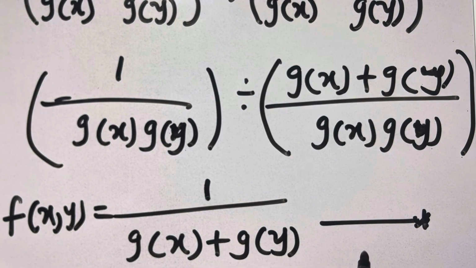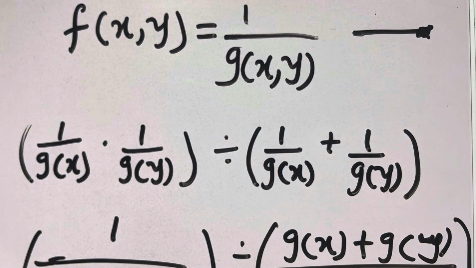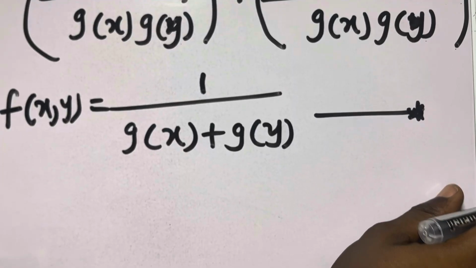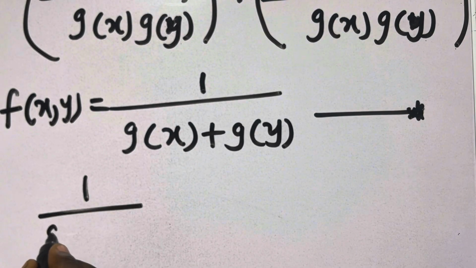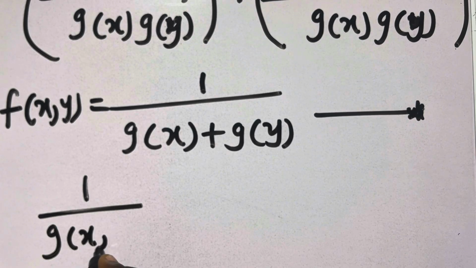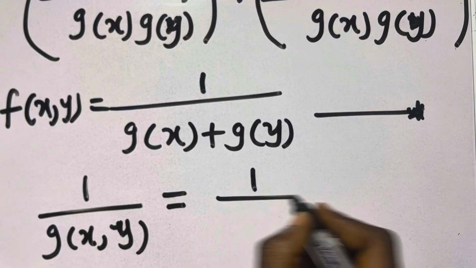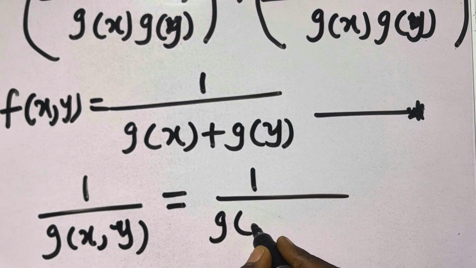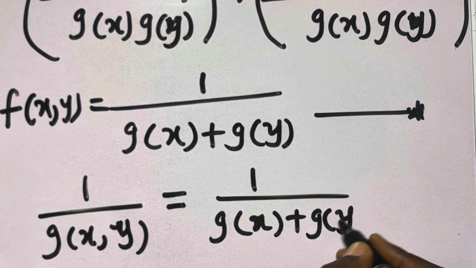However, you have to equate this star and the one above here. So if we equate them, we are going to have 1 divided by g of x comma y equals 1 divided by g of x plus g of y.